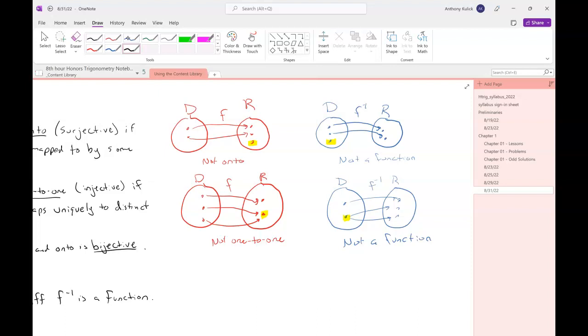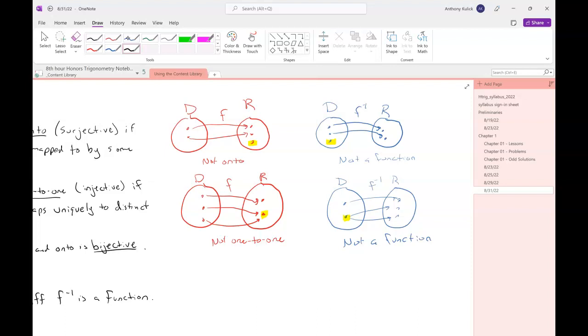So if I take those together, one-to-one and onto, that guarantees that in my inverse, every domain element gets used, from the onto, and each of those goes one place, from the one-to-one. That is the definition of a function, right? So taking those two properties together on f guarantees that f inverse will be a function.